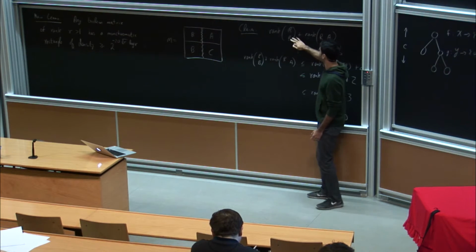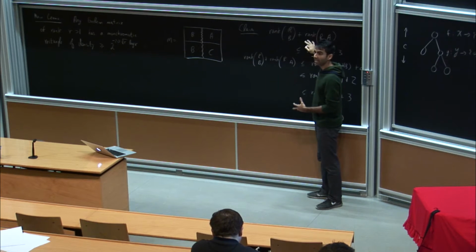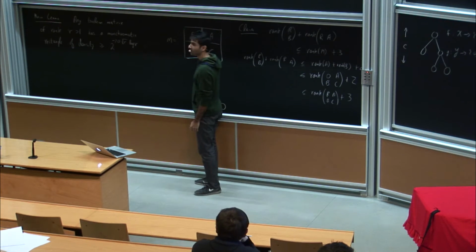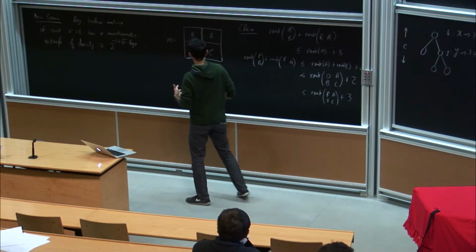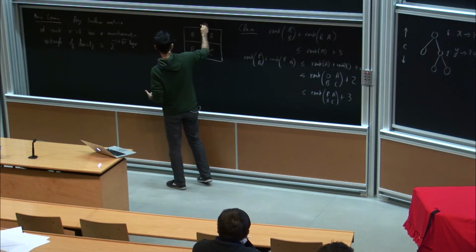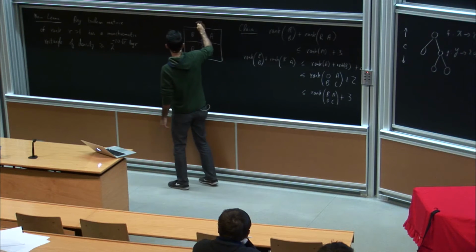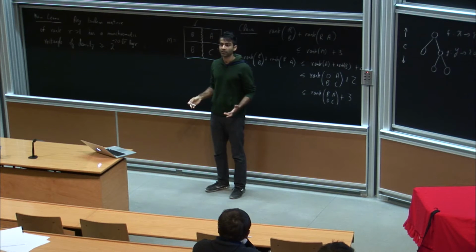This means that roughly one of these two has at most half of the rank. Okay, so suppose RB is the one that has half of the rank. Then Bob should announce whether his input is consistent with this side or this side. So if Bob says my input is on this side, the players have made a lot of progress because they're now in a matrix which has half the rank.